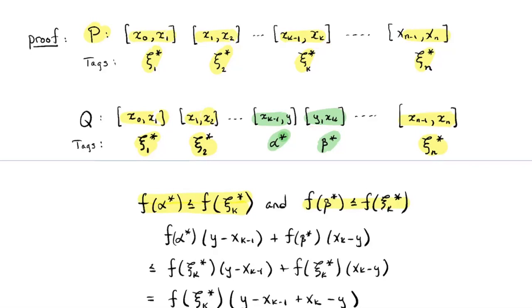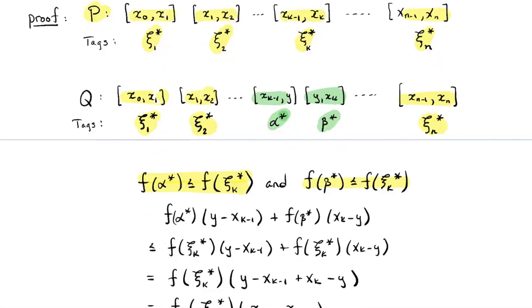If we look at just the relevant part of the Riemann sum, I'm skipping a lot of the Riemann sum over Q. Let me write here that if I was looking at that Riemann sum for f over Q, it would have a bunch of terms in it. Then I would get this term that corresponds to the subinterval from x_{k-1} to y, plus the term from the subinterval from y to x_k, and then there would be a bunch of other terms.